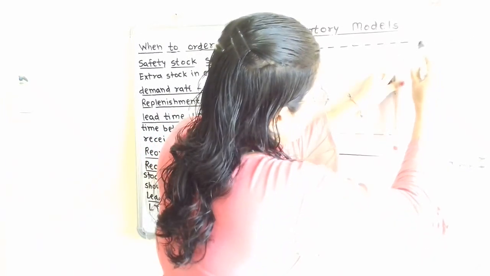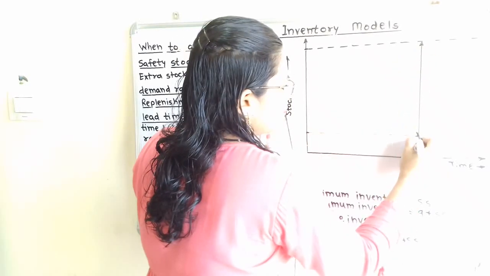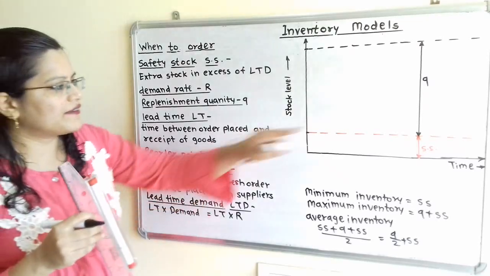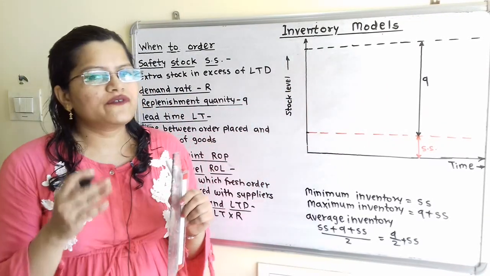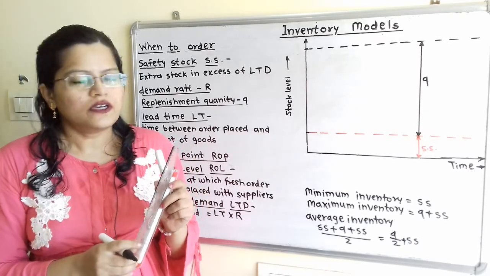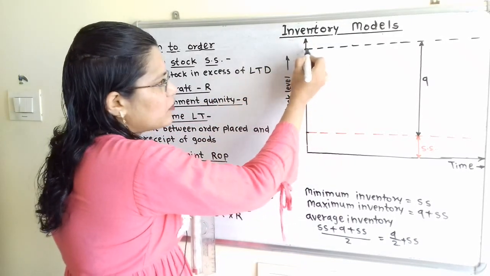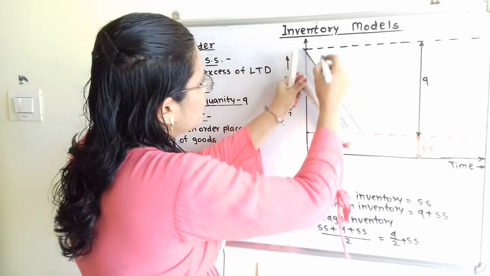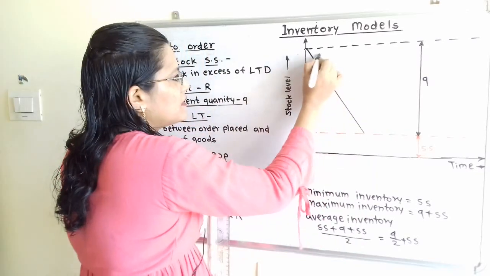So we have to show here with the help of the vertical line, that is Q. So this is Q, that is, the level is maintained up to Q. Now demand rate R. So uniform demand rate is there, and we have to show it with some slope. Because demand rate, or we can also say consumption rate, starts from this point, we have to draw some slope, and this slope is nothing but the demand rate R.